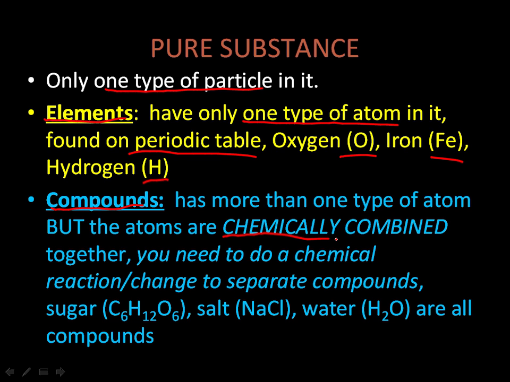For example, sodium is very reactive and chlorine is very reactive, but when you combine them together, you get the compound NaCl, which is not reactive. To get this sodium and chlorine back, you're going to have to do some sort of chemical change. Compounds are chemically combined elements. When they're chemically combined, they combine in specific ratios, which are these numbers down here in the chemical formula.